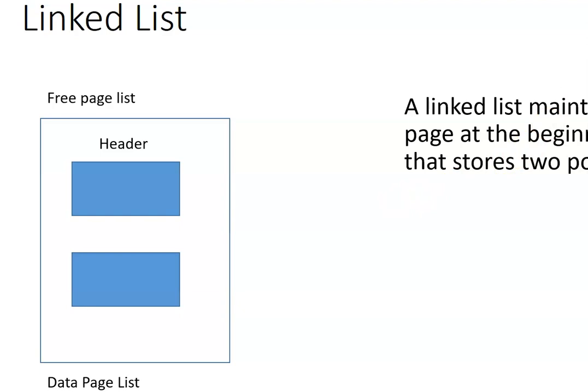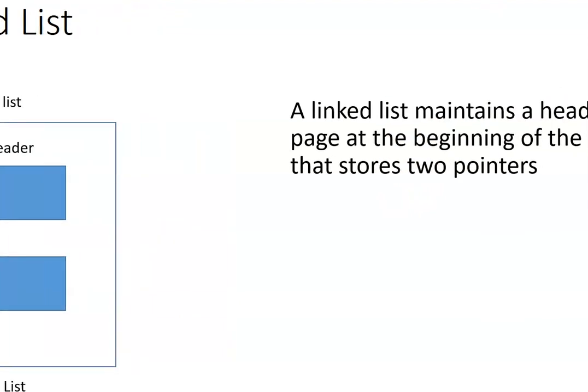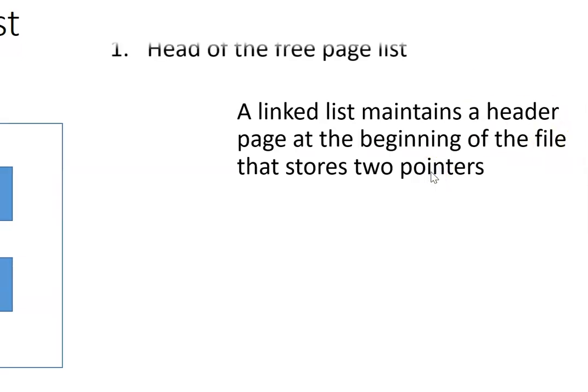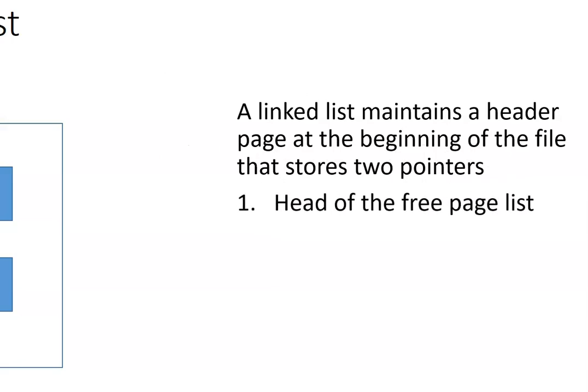A linked list maintains a header page at the beginning of the file that stores two pointers. The first pointer stores the head of the free page list, that is, a header of the pages that are free. Then it has a header of the pages that have data.